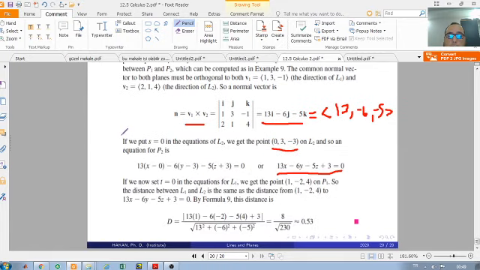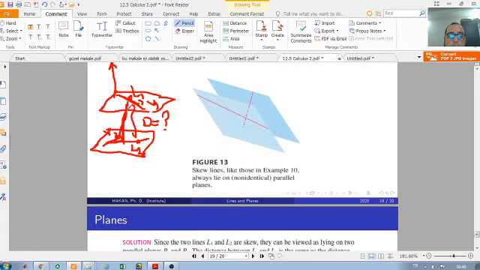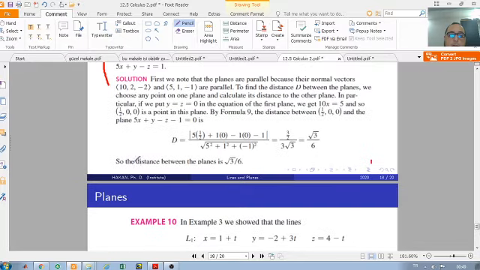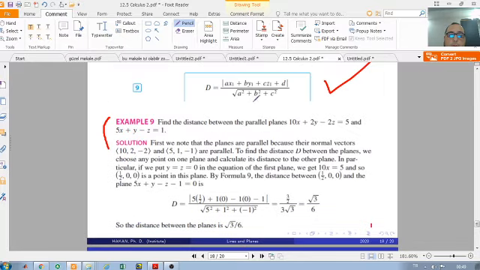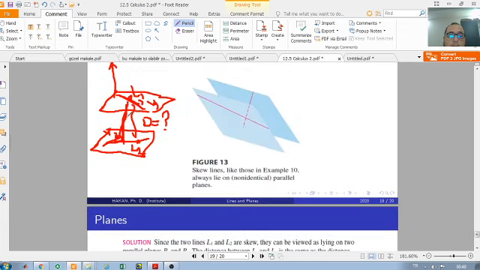Okay, why do we say distance between the skew lines is the same as the distance from the point to the plane? Because we have already a formula for a point and the plane in three-dimensional coordinate system. Using this easily we can find the distance between the skew lines since they lie on the parallel planes.